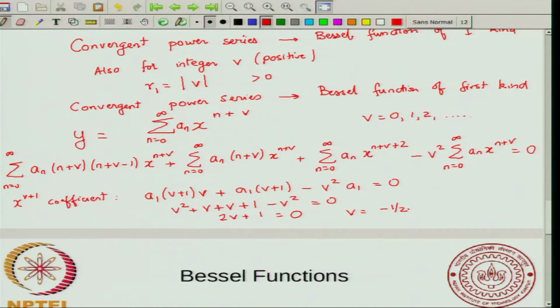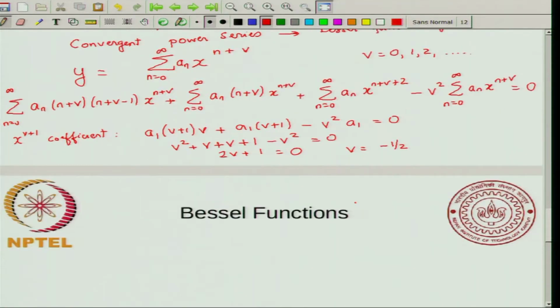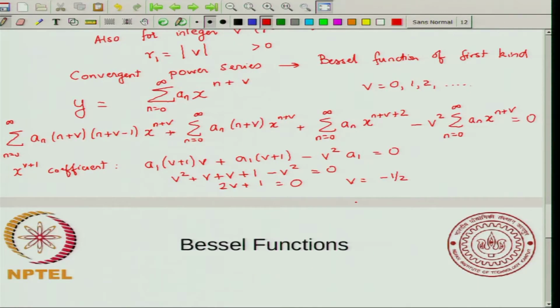So this is a condition that you get by setting the x raised to v plus 1 coefficient to 0. Now you go back to this equation.